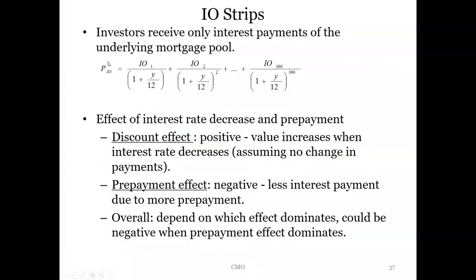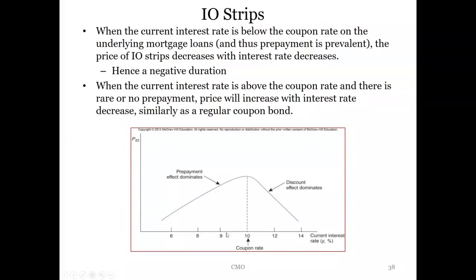For the IO strip, similarly, it's present value of future cash flows, but this time we will receive less interest payments when there are more prepayments. Depending on the current market interest rates, if the market interest rate is below the coupon rate promised by the IO strip, say this IO strip promises a 10% coupon payment, then if interest rates are below that rate, we will have a negative duration.